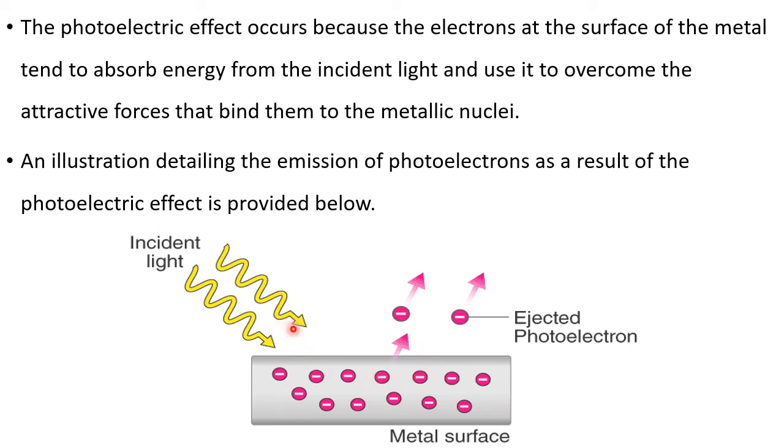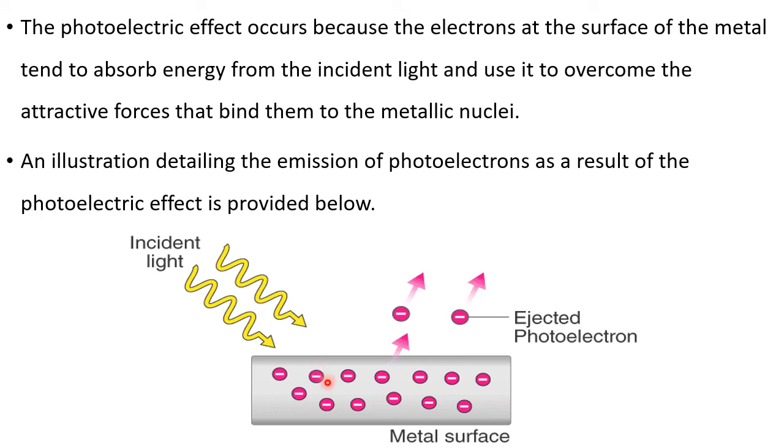Every metal is associated with a certain frequency for these electrons. That frequency is known as what? Threshold frequency. Threshold frequency is the minimum amount of frequency associated with the electron present within the atom. So now we have to bring a light whose frequency is more than this threshold frequency. Then only the photoelectric effect occurs. If you bring light of a frequency less than the threshold frequency, no photoelectric effect.